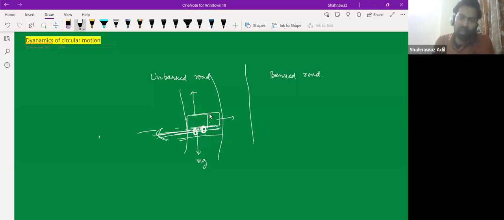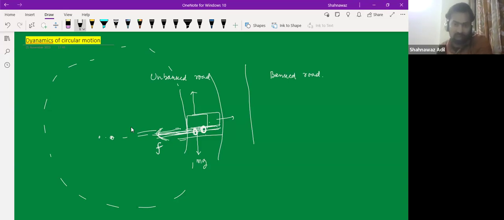So to stop this car from slipping, friction is acting in this direction. This is the frictional force. And let's say this is some circle, and this is the center of the circle. What is the force that acts towards the center?